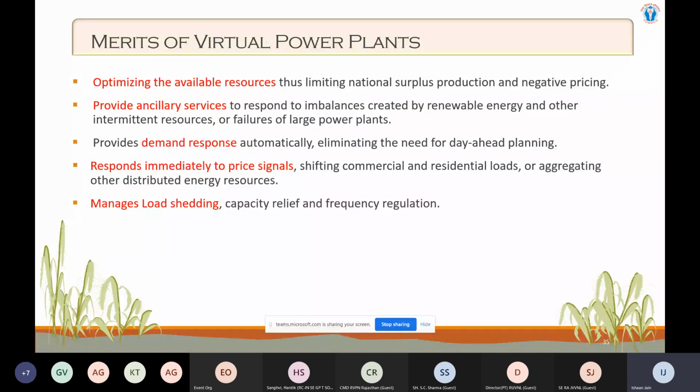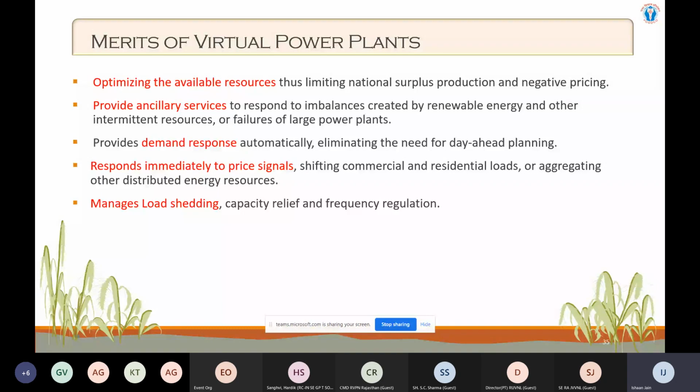You can take an example of 10 ACs running in a particular complex and the frequency is going down. You have lost some power. This virtual power plant can either communicate with them or take control of those ACs.